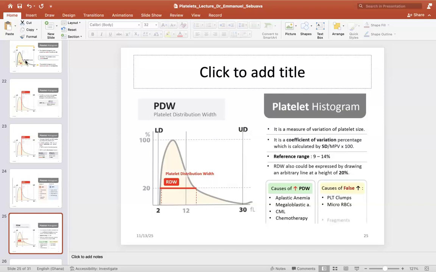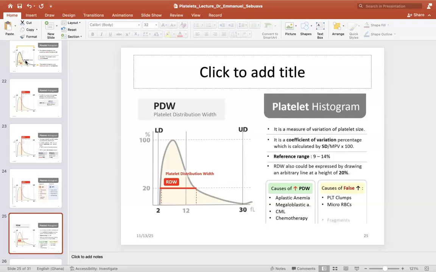So you have a pool of platelets within their normal sizes, and then you have RBC fragments that are counted within that pool. So you realize that the variation in the sizes will be wide.